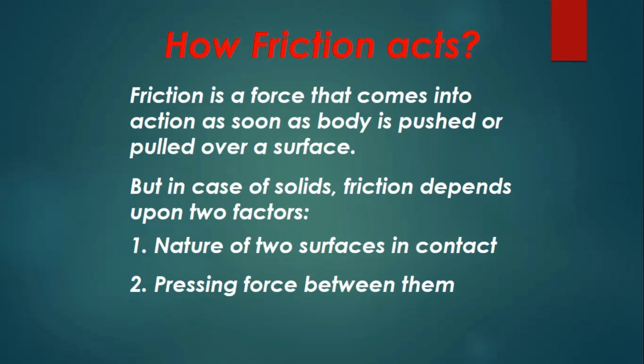But in case of solids, friction depends upon two factors. Understand? Number 1, nature of two surfaces in contact. Number 2, pressing force between them. Here, the nature of surfaces means either the bodies are rough or smooth. You know, rough surfaces offer more friction, but smooth surfaces offer less friction.